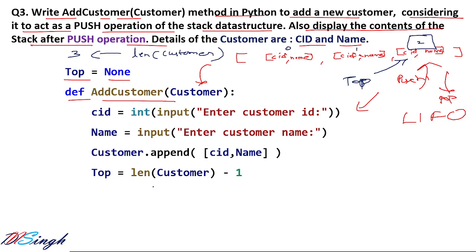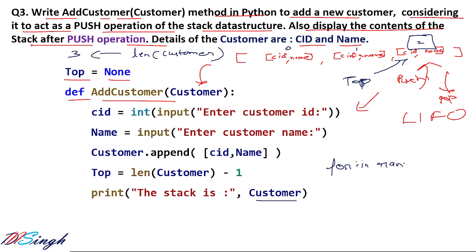Once we have pointed it to the last element of the stack, now our job is to display the customer. Or we can also utilize this top as an index and display that list using the for loop. How can we do that? Just go for i in range, and range from where to where you need to go.